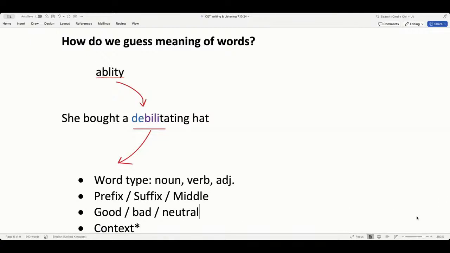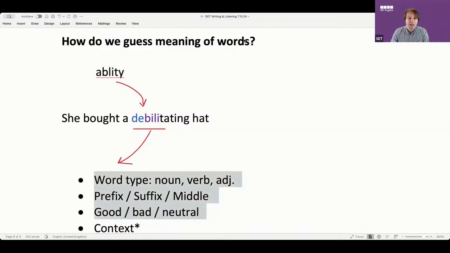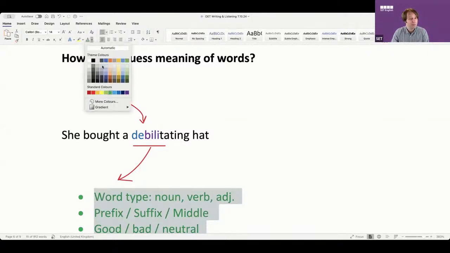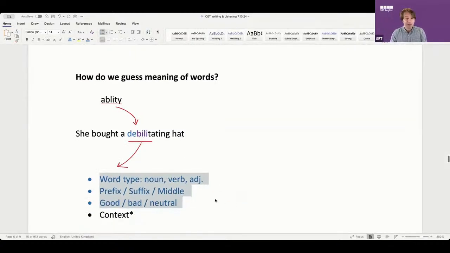Neutral. These ways are helpful, but I think they are also very general. Do you know what I mean? They can help you a little bit, not a big amount. It's just general help.